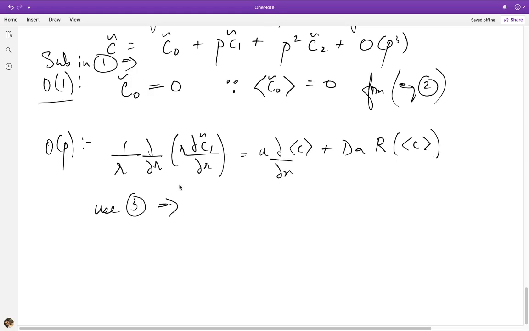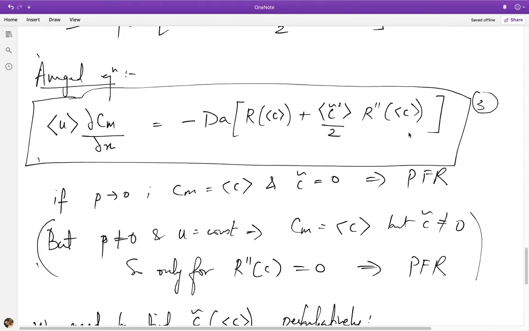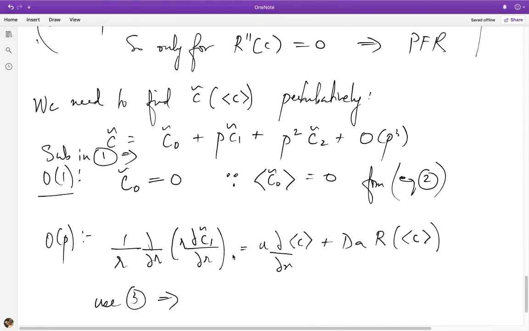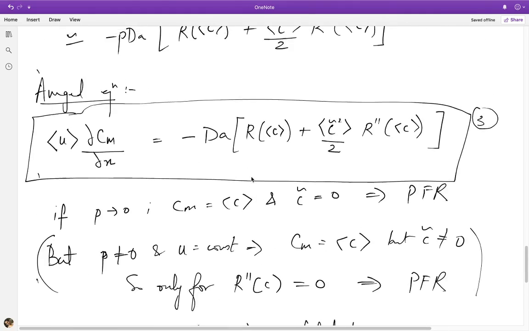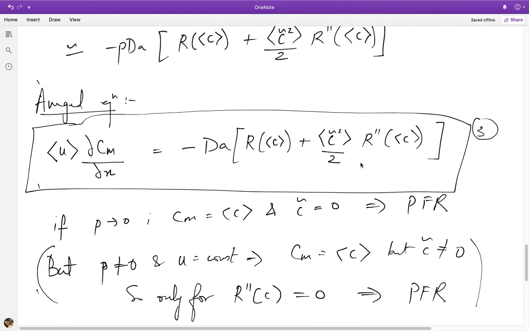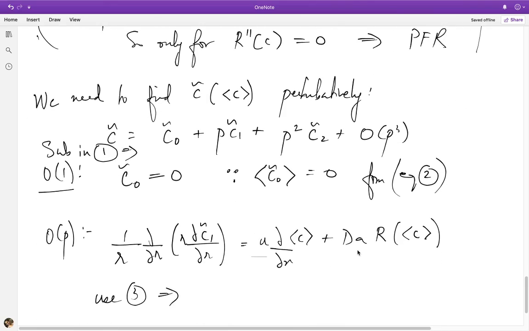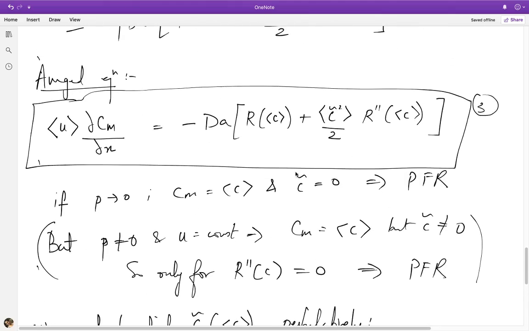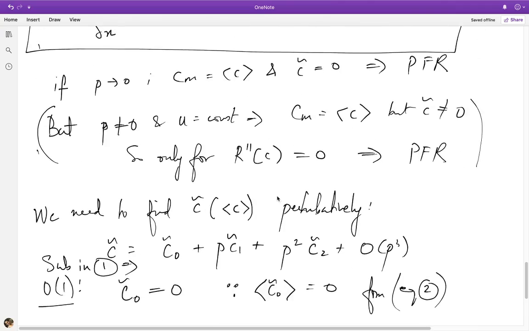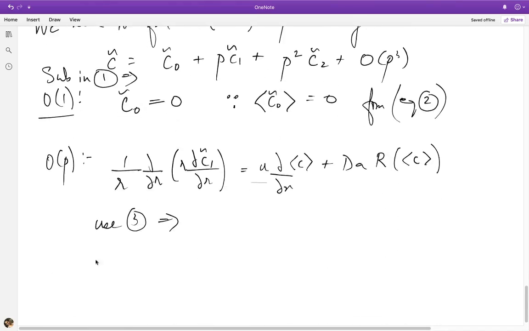In other words, I want to use this averaged equation to further simplify what I'm obtaining here. We did something similar when we replaced the time derivative term in the laminar dispersion problem by the convection term. So here we're going to replace the convection term in terms of the reaction rate term, so that we get a simplified result. To do that, we have to look at a modified form of 3.